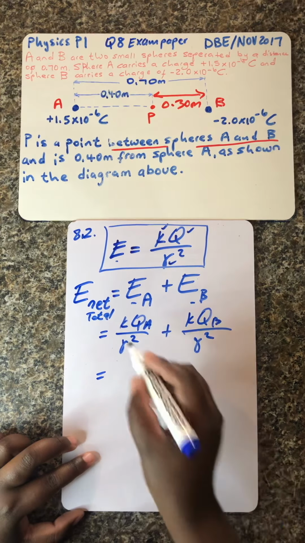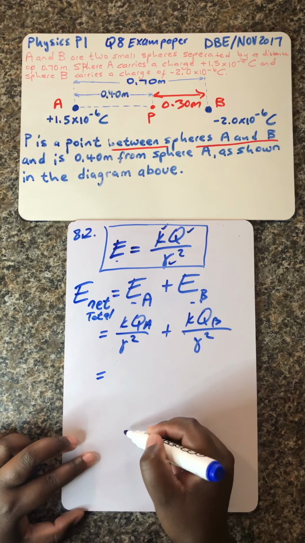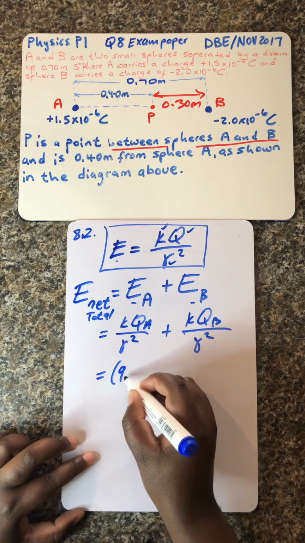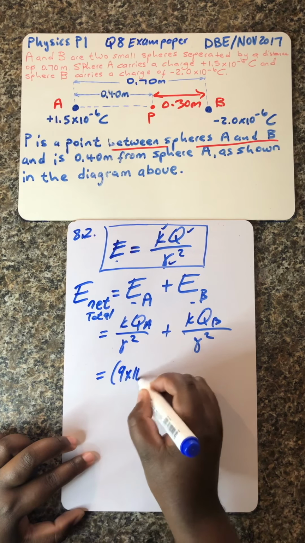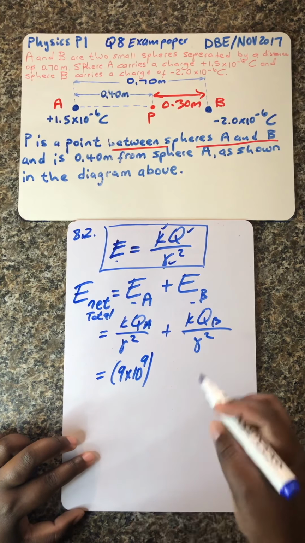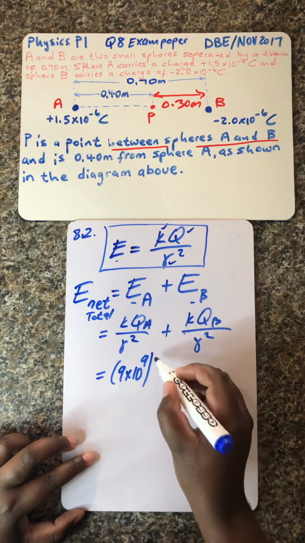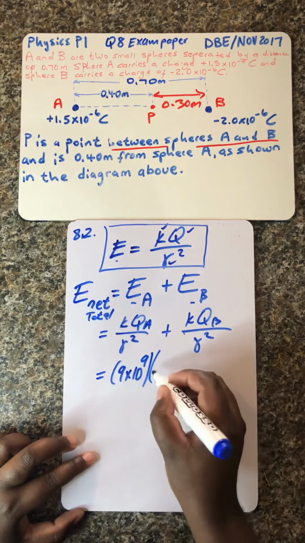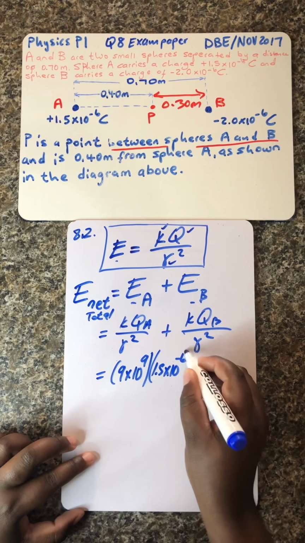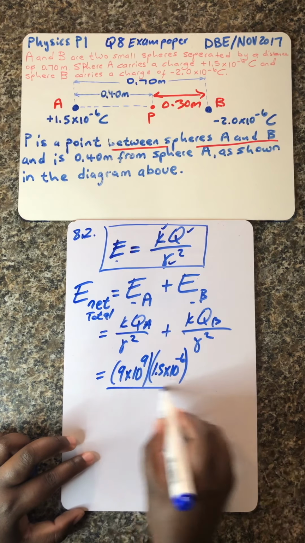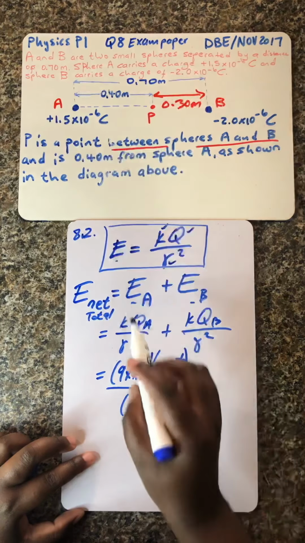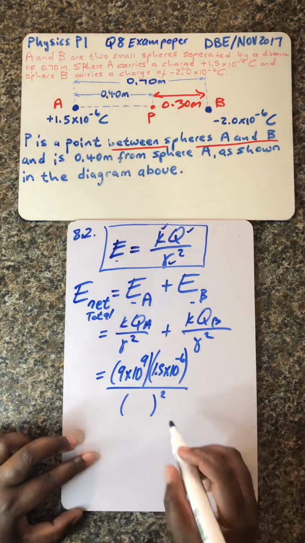So now we substitute. What is K? We've just noticed from the physical constants, the value of K is 9 × 10^9. What is the charge of A? It's 1.5 × 10^-6, all over, what is the distance from point A to point P? It's 0.4.